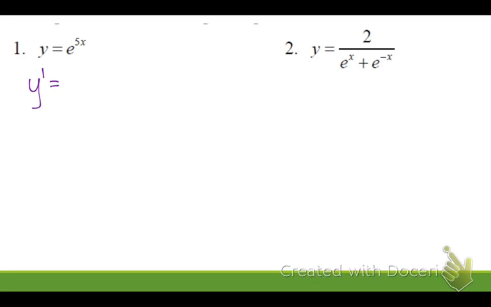So the derivative of e to the 5x is e to the 5x times 5, which is the derivative of the inside function. So that's the chain rule: the derivative of the outside times the derivative of the inside. You can rewrite this if you want as 5e to the 5x.